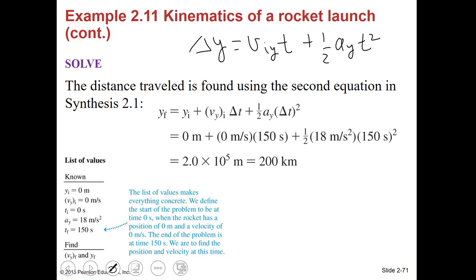That's the second kinematics equation that we came up with. Same thing, this term is 0 because we're starting from rest. So it's 1/2 a t squared: 1/2 times 18 meters per second squared times 150 seconds squared. If you put all that in, you get 2 times 10 to the 5th meters, which is the same thing as 200 kilometers. Okay, excellent.